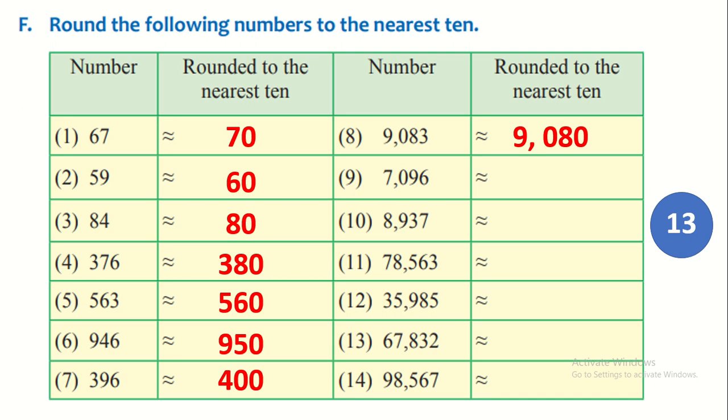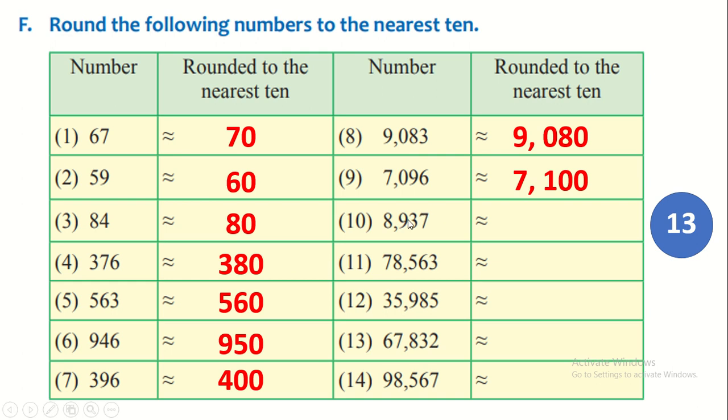Next is number 9. Number 9 is 7,096. Next to 9 is 6. 9 is in the tens place. You change it to 10, and it becomes 7,100.